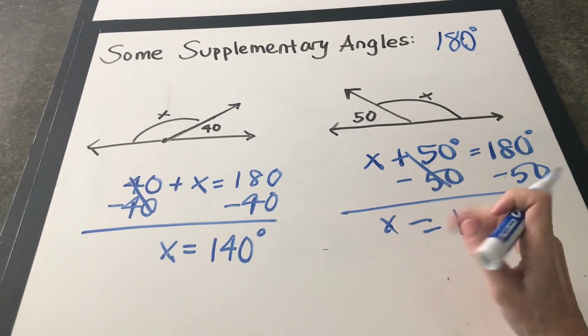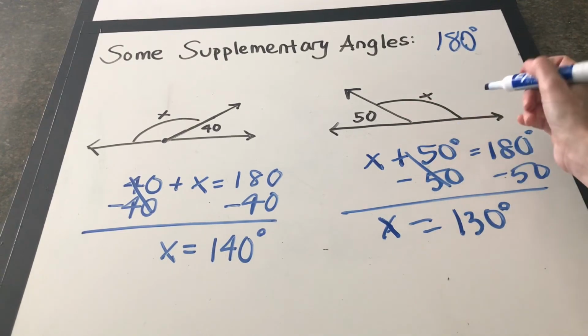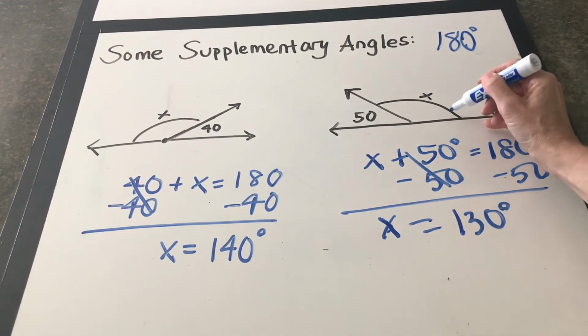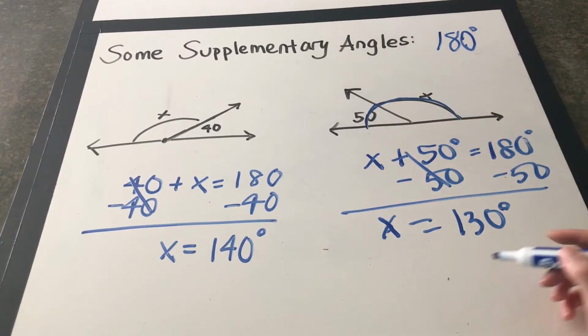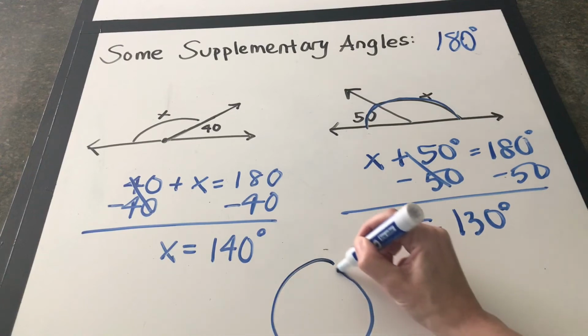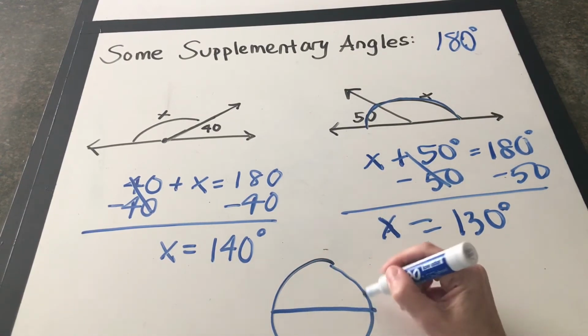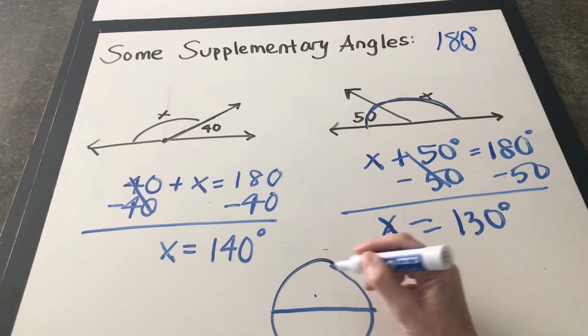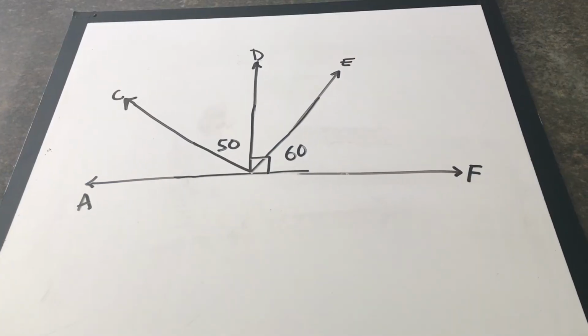Pretty straightforward. You can do these in your head, most likely. But if you did need to show work, which usually you do, this is one way that you could do that. And by the way, if you extended this line, you would see this is half a circle. And if you have a full circle, it's 360, but if you had half that circle, you would have 180 degrees, right? So another way to think about it.